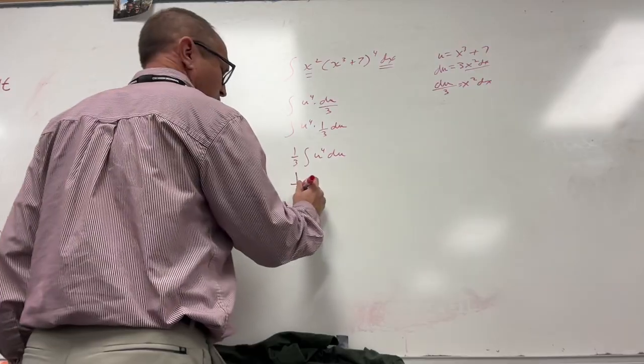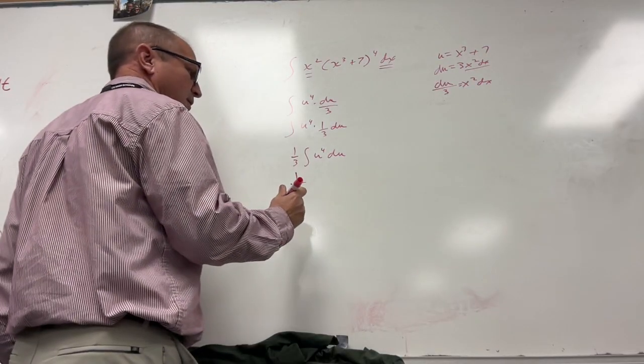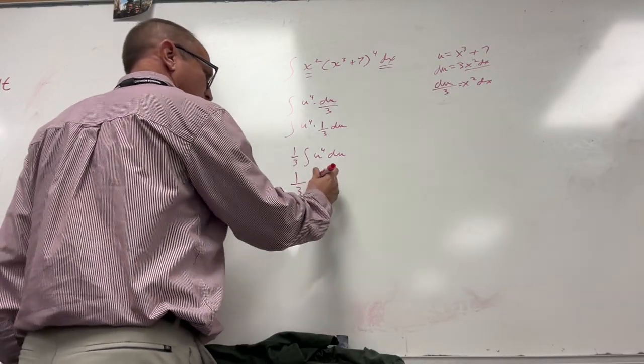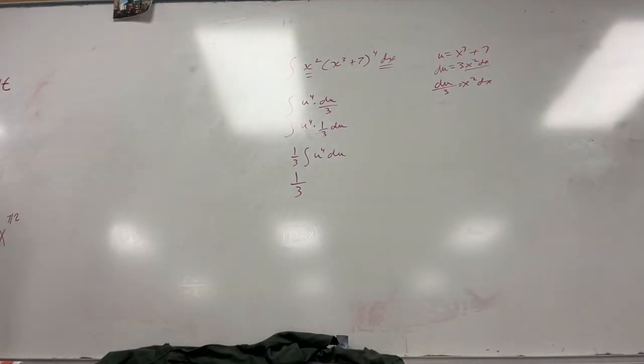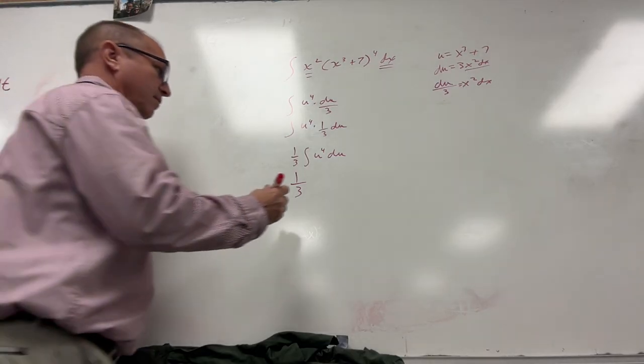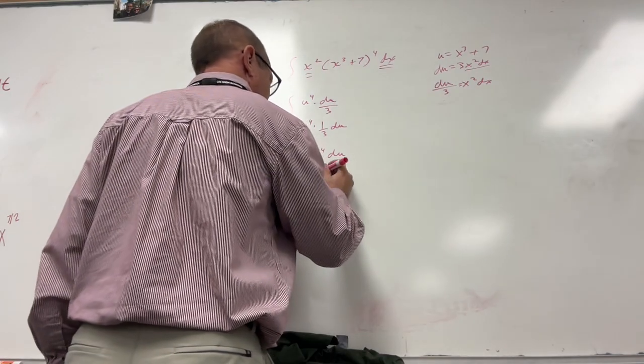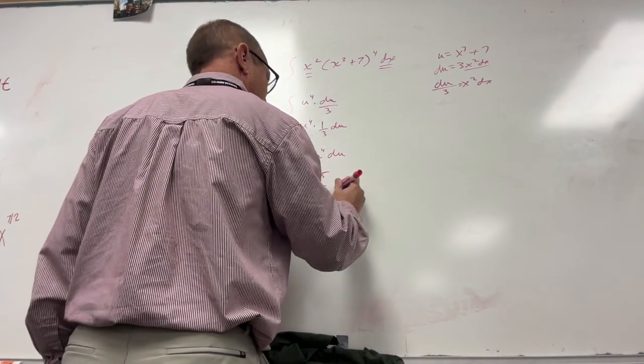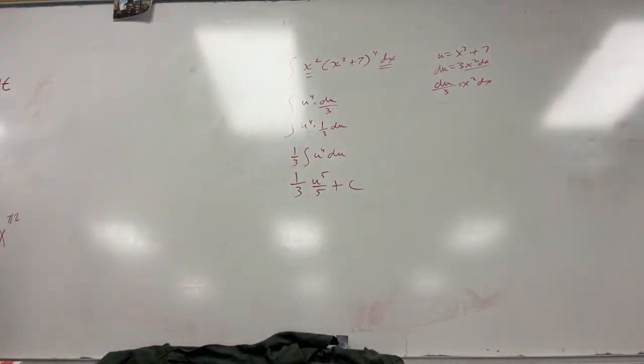So this becomes 1/3 of, be careful, u to the 5th over 5 maybe? Yeah. Does that make sense?